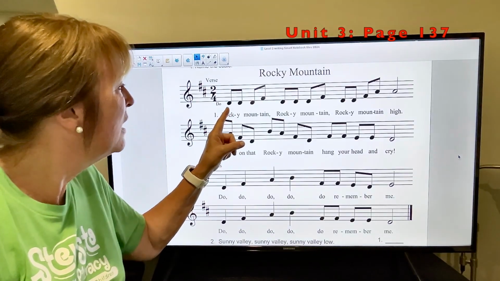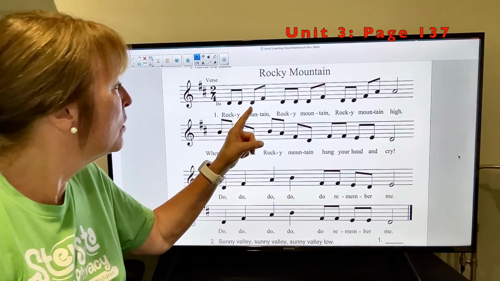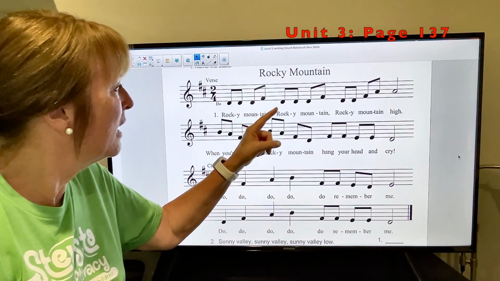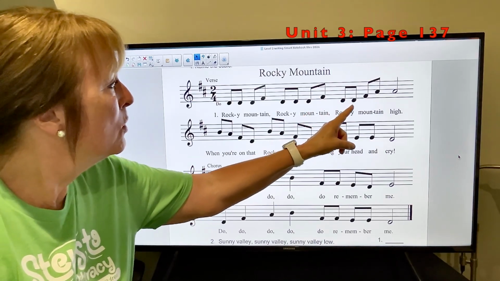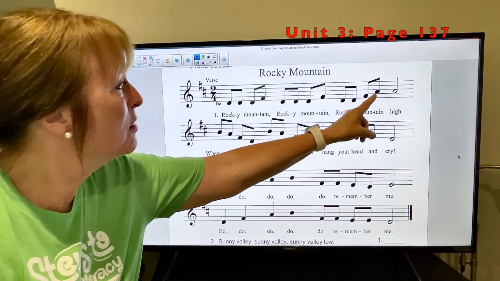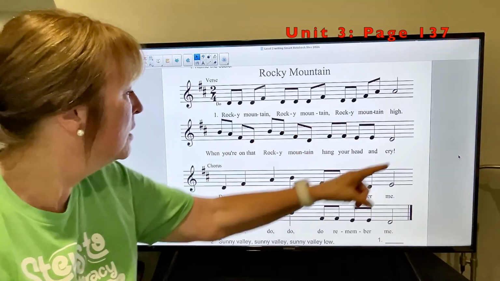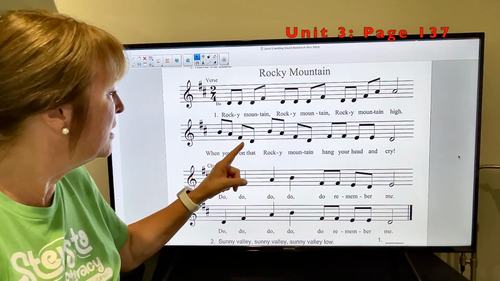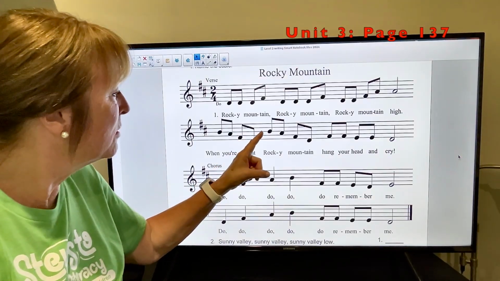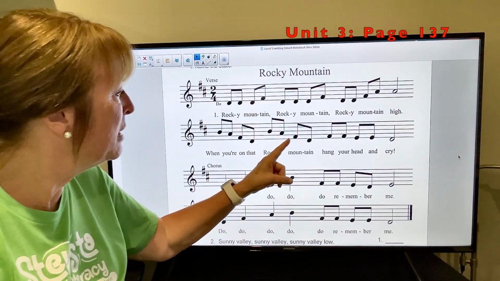Here we go. Do, do, do, mi, okay? Do, do, do, mi. Do, do, mi up to so, so. One line higher, la, so, mi, do. Same pattern, la, so, mi, do.